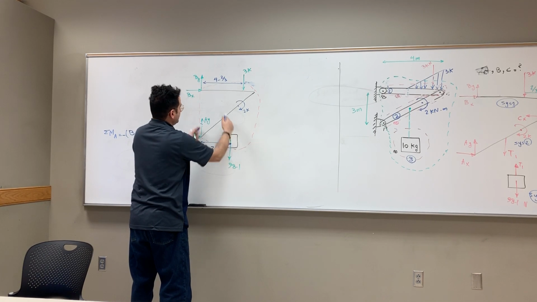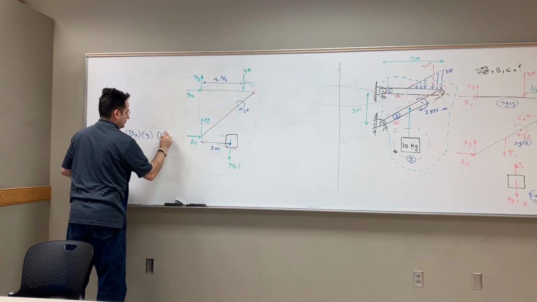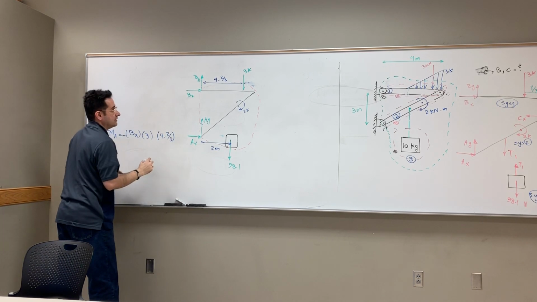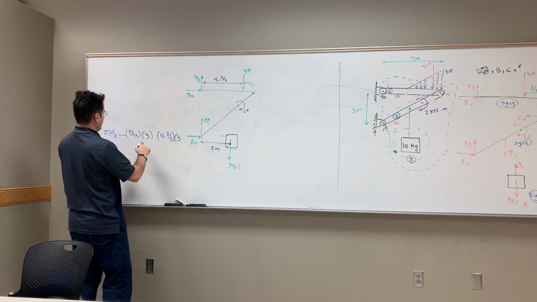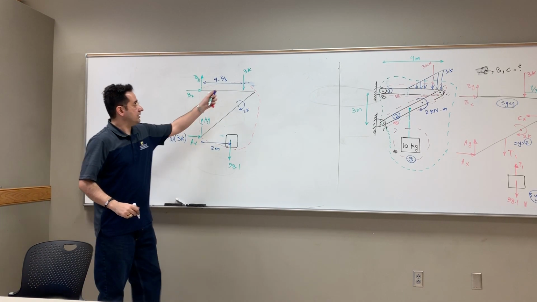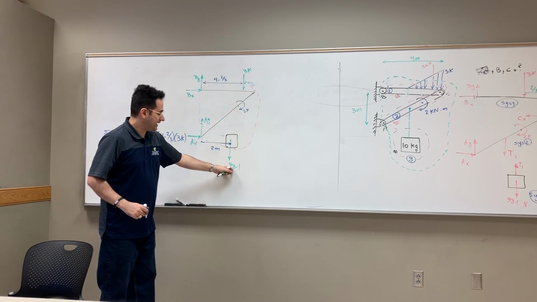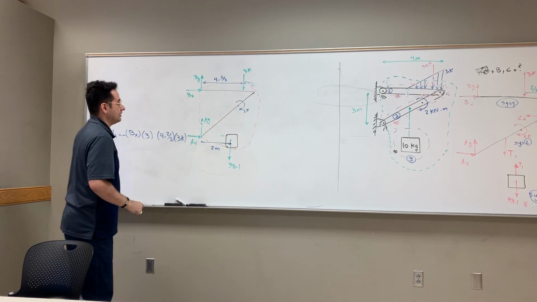So the distance is going to be 4 minus 2 over 3 times 3. And don't forget, when I write 3, you should put k, because you have 98.1, which doesn't have a k.